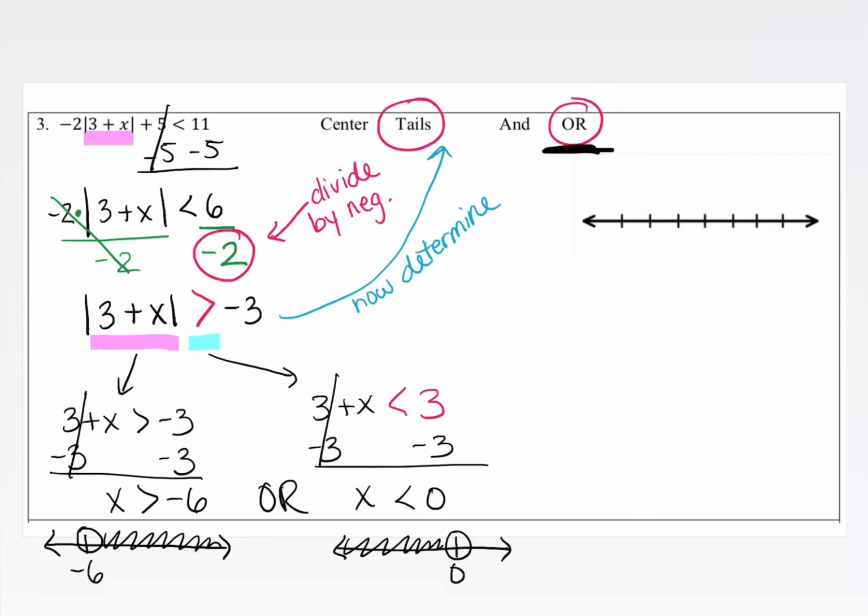So in this problem, we need to think of numbers that are either greater than negative 6 or less than 0.